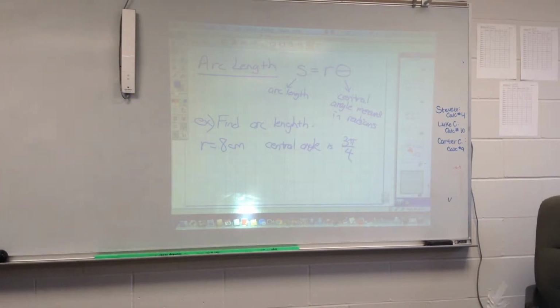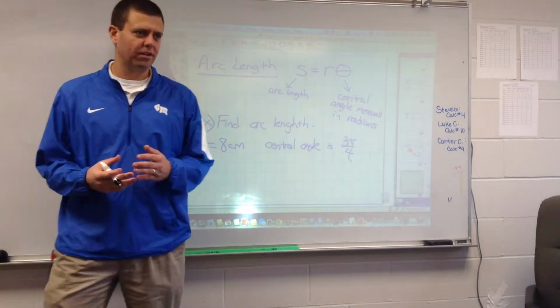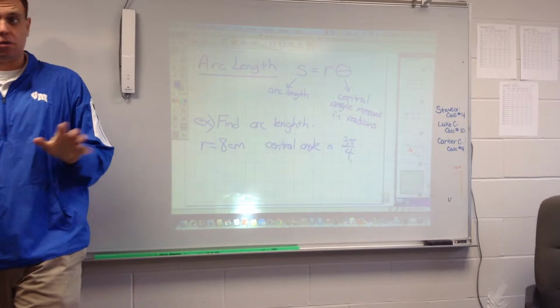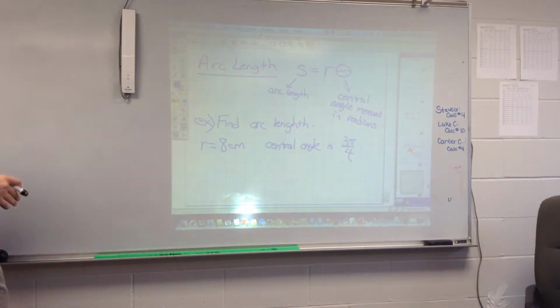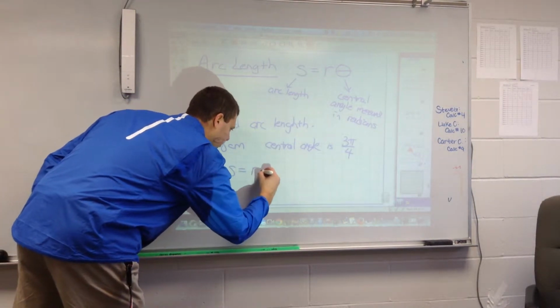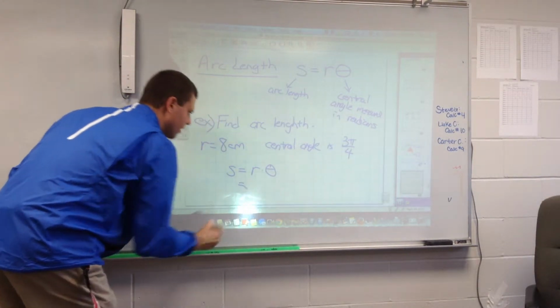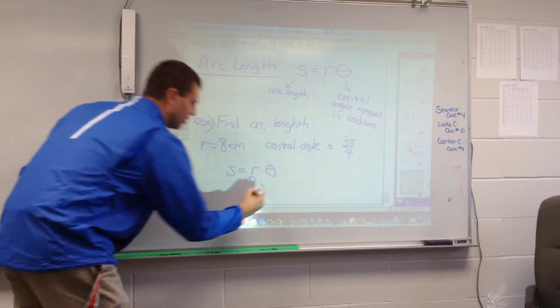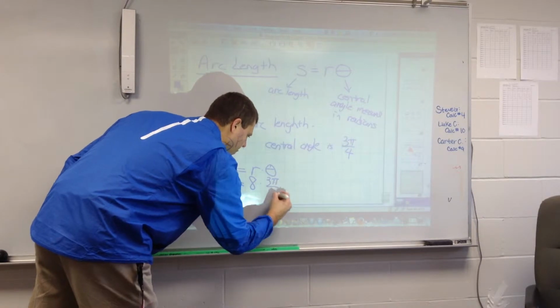Now, if you like the formula and want to memorize the formula, it's very, very simple. You just plug it straight into the equation and you got it, which I'm totally fine with. It would be that simple. If you have the formula memorized, it's S equals R times theta. Your radius, they told me, was 8. The central angle is 3 pi over 4.